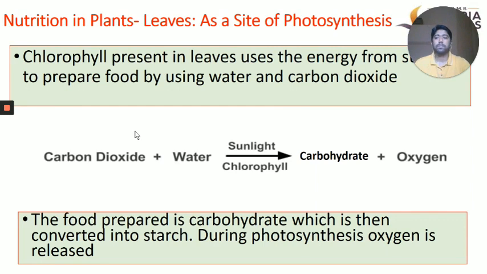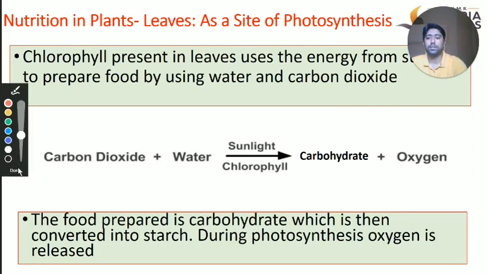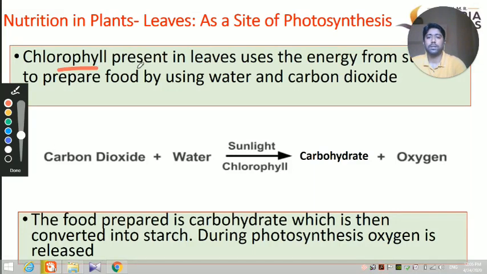Chlorophyll is a pigment present in leaves. It uses the energy from the sun to prepare food by using water and carbon dioxide.